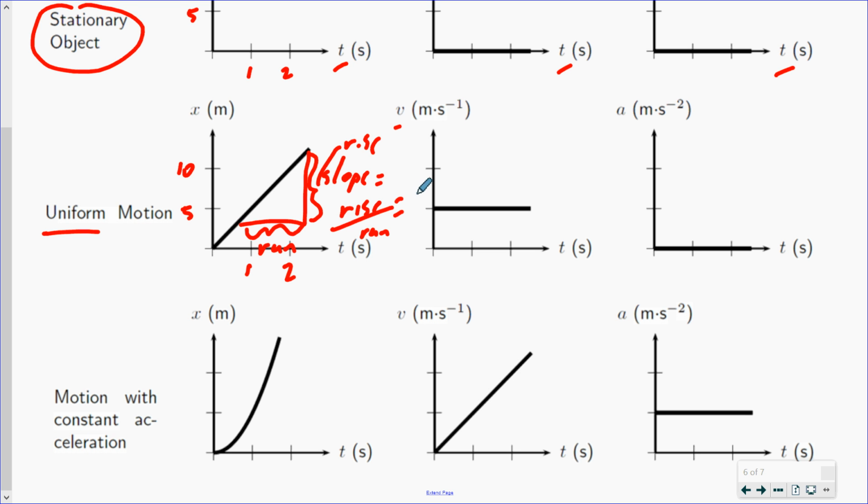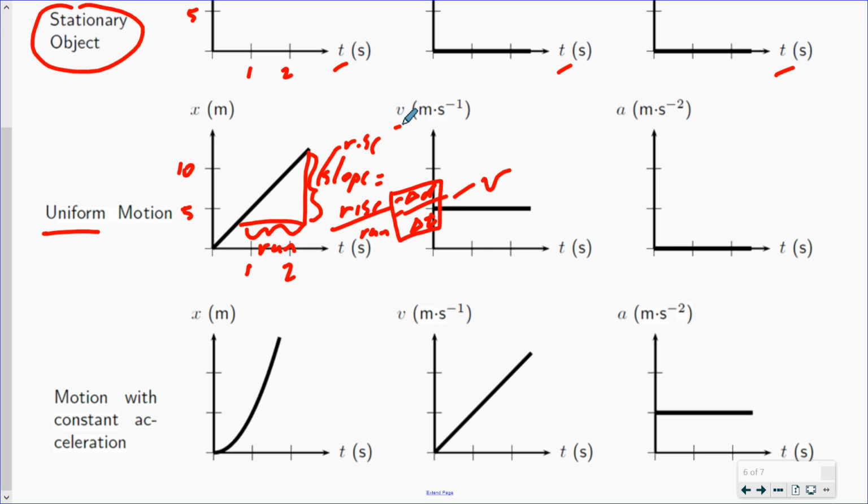Just to be consistent with what we've been doing in class, that's change in d, or displacement, and delta t is the run. So if we take the slope, the rise over run of the position time graph, that is distance over time, which is velocity.